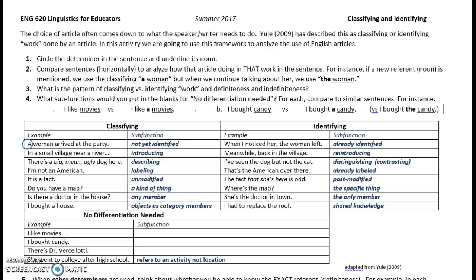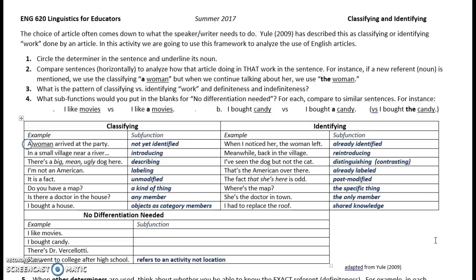And now moving horizontally, when I noticed her, the woman left. So in this case, Yule says because woman, the referent in the real world, has already been identified, we use the definite article. We can identify which woman the speaker means.